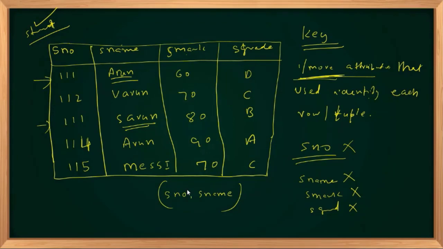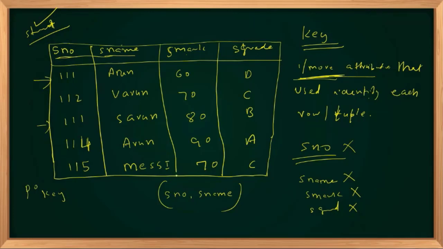Yes, here we can uniquely identify. So the key attribute consists of two attributes, student's number and student's name. Clear. This is known as a primary key.